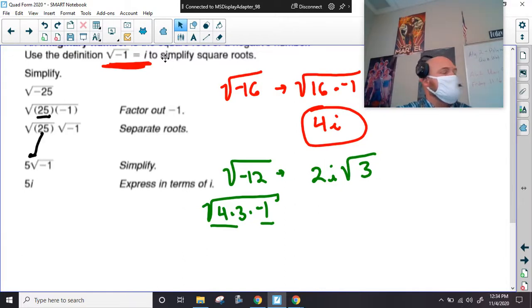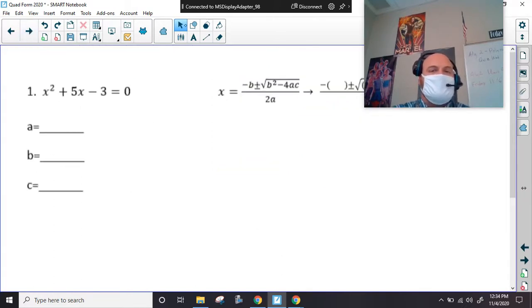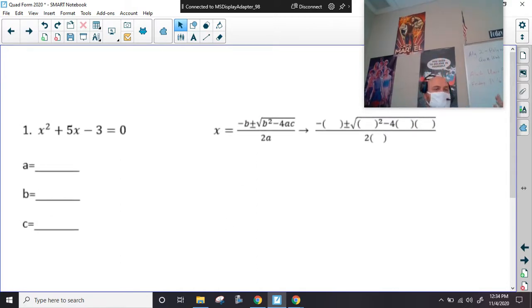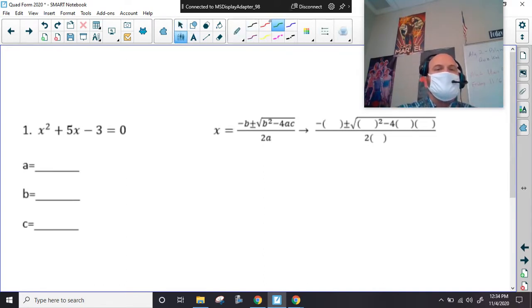All right, so now look, this makes better sense than a while ago, because not only does this have spots for a, b, and c, it has the formula and tells you where to put them in. So a is 1, b is 5, c is negative 3.